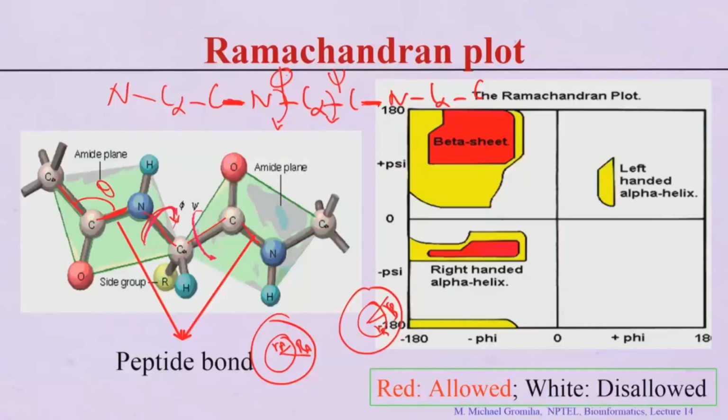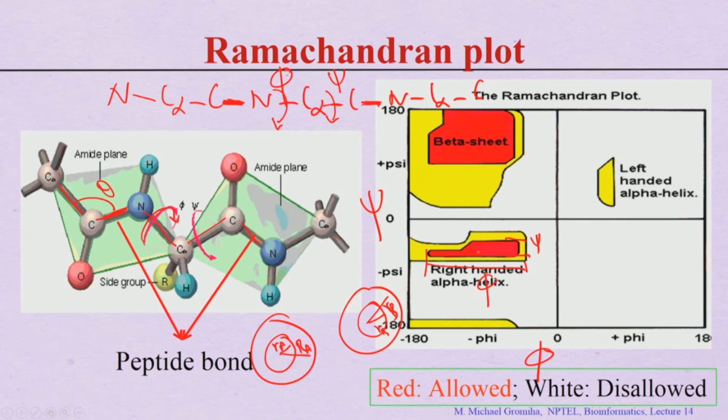So they found this range for the phi angle and this range for the psi angle. You put the x axis as phi and the y axis as psi, and this is the region where they can accommodate these residues in an alpha helical conformation without any steric clashes.